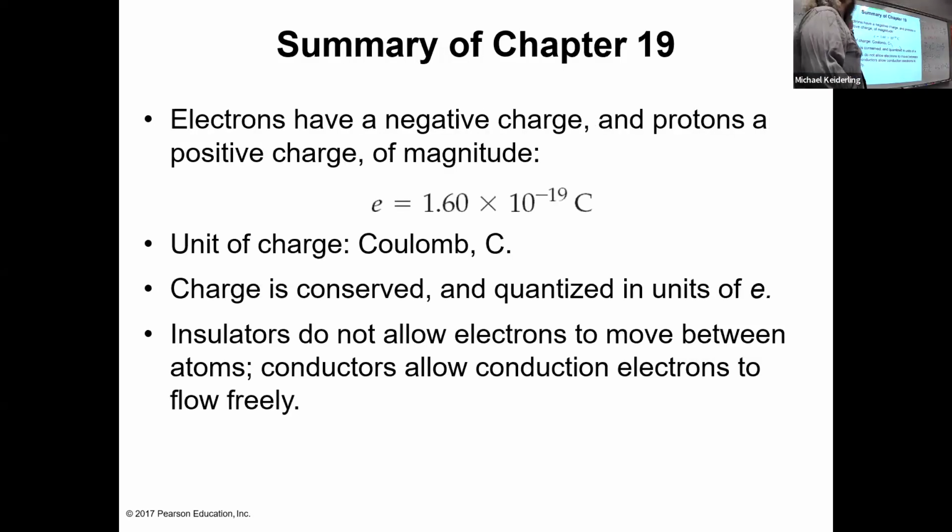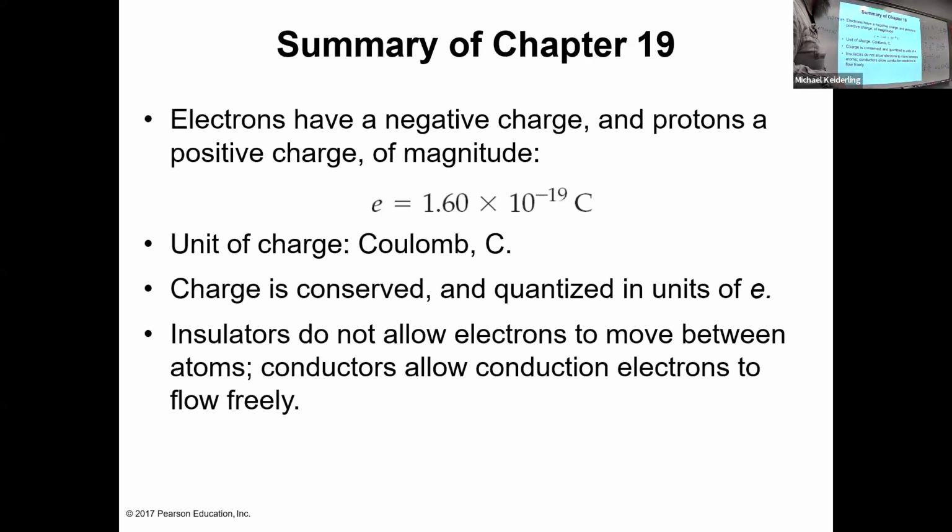So just going over a summary of chapter 19, electrons have a negative charge, protons have a positive charge. The magnitude of that charge is 1.6 times 10 to the minus 19. The unit of the charge is the coulomb. Charge is conserved and quantized in units of e. Insulators don't allow electrons to move between atoms.